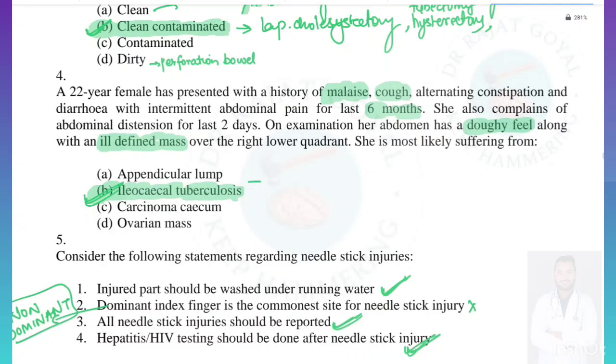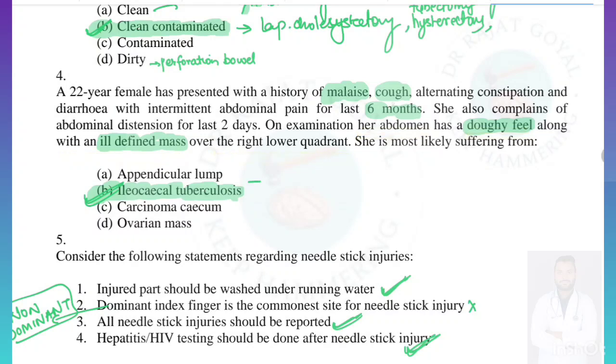A 22-year female has presented with a history of malaise, cough, alternating constipation and diarrhea, and intermittent abdominal pain for the last 6 months. She also complains of abdominal distension for the last 2 days. On examination, her abdomen has a doughy feeling along with an ill-defined mass over the right lower quadrant.